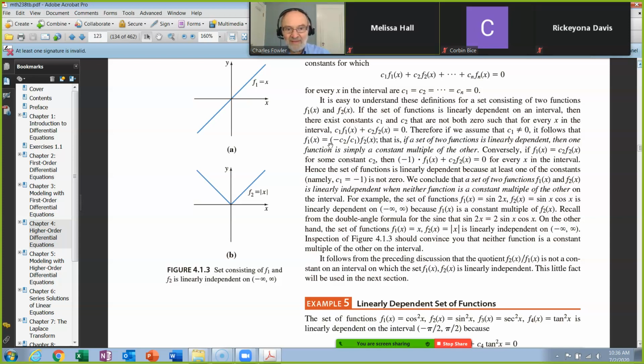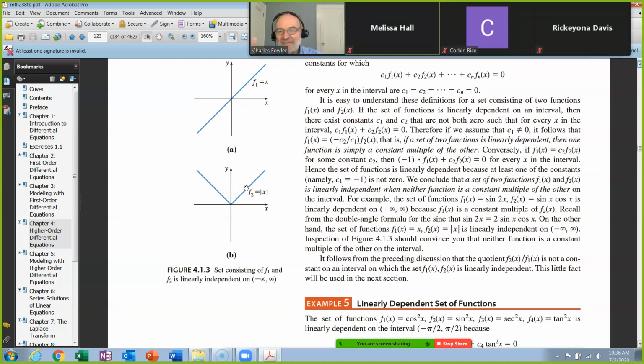On the other hand, if f1 of x is equal to x, that's this function here, and f2 is the absolute value of x, which is this function here, they are not linear multiples of each other.